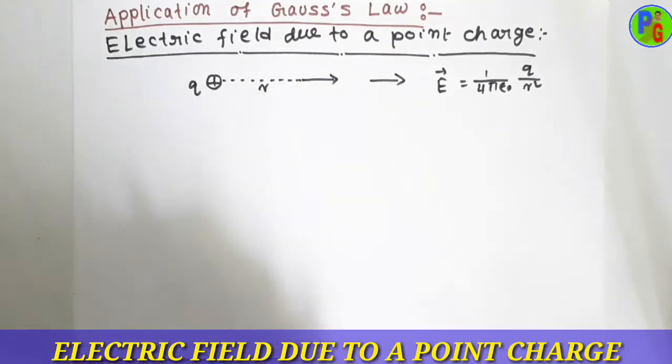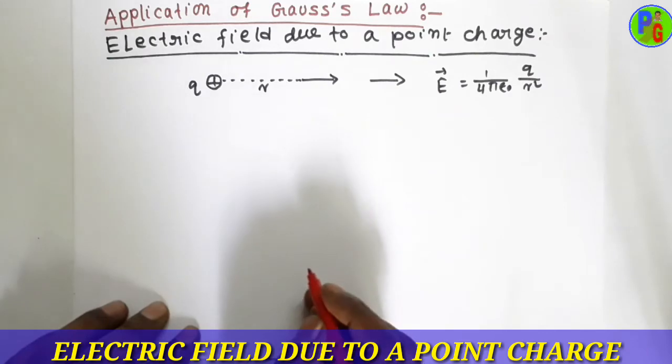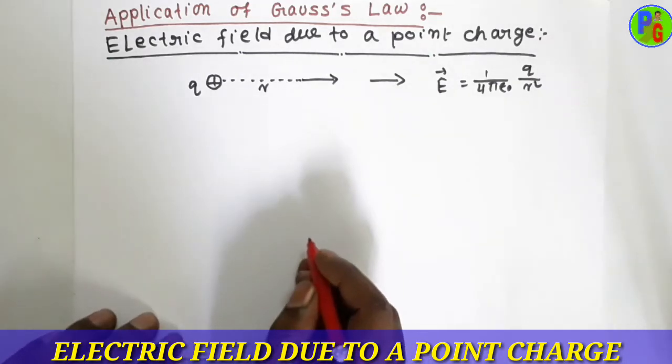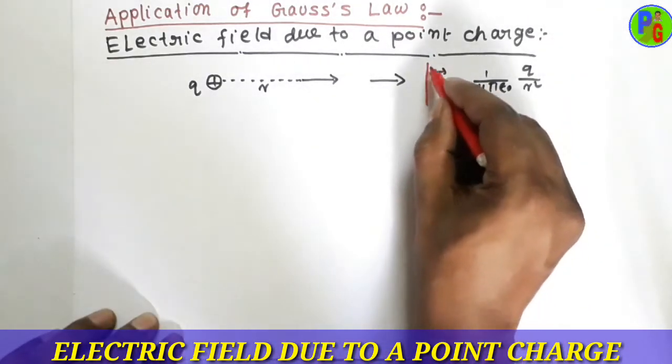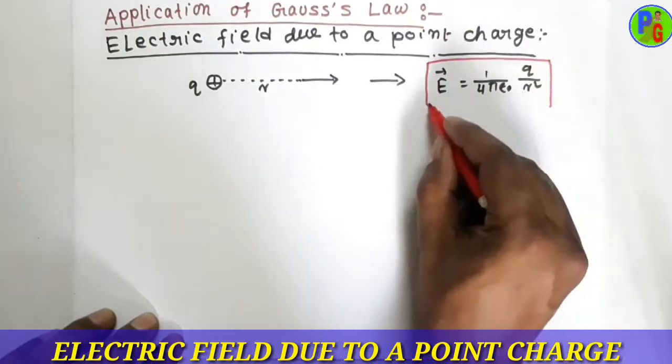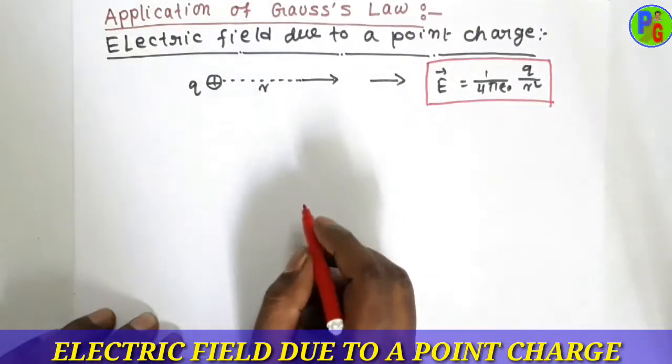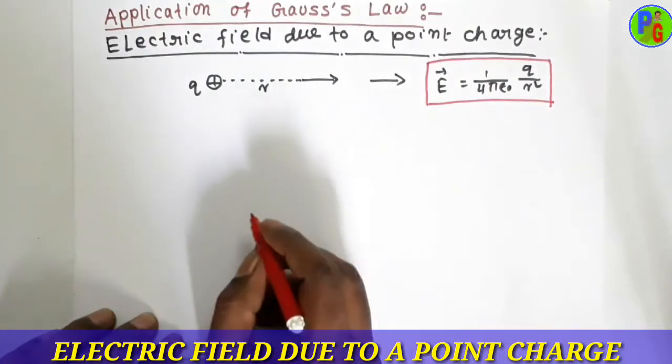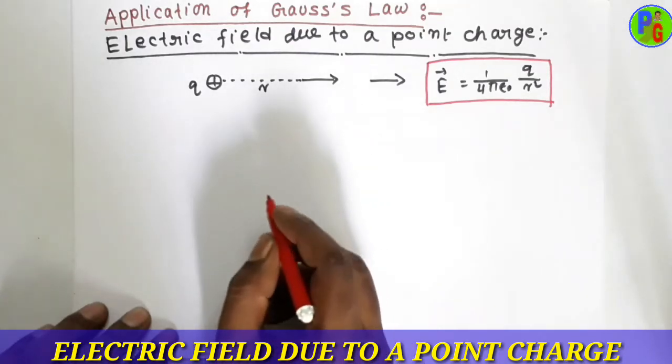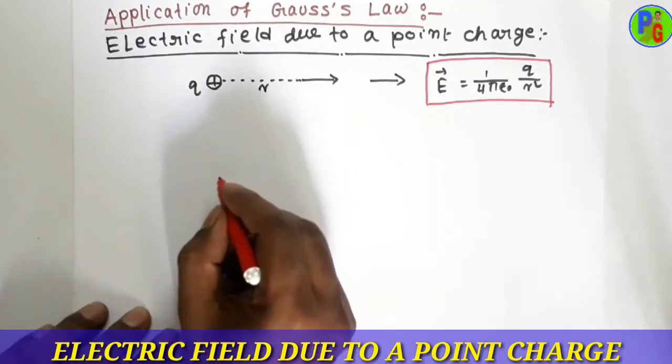Now this comes from Coulomb's law between two forces, and you know how to define electric field. Today in this video I will discuss that this law can be derived using Gauss's law. To derive this law from Gauss's law, we have to draw a Gaussian surface.